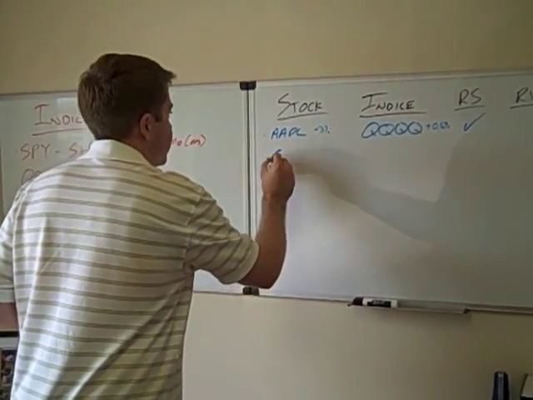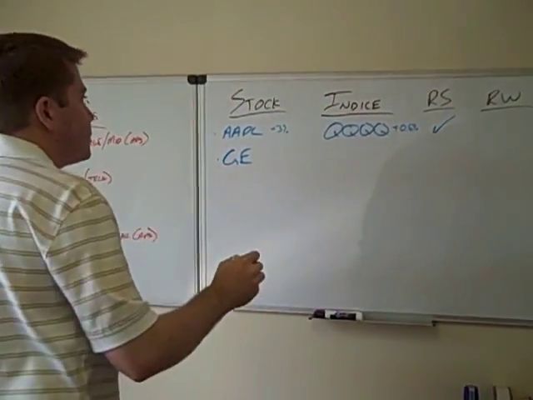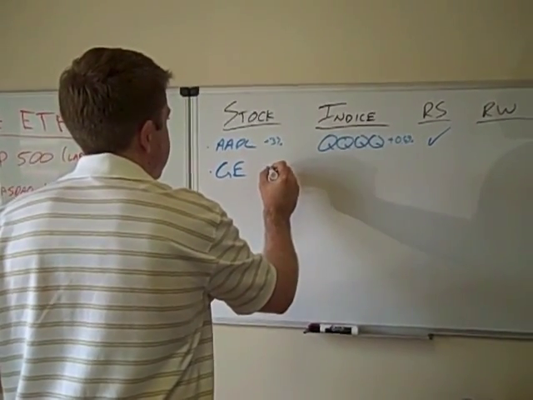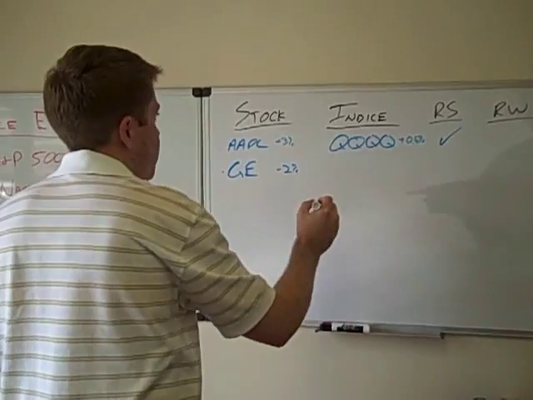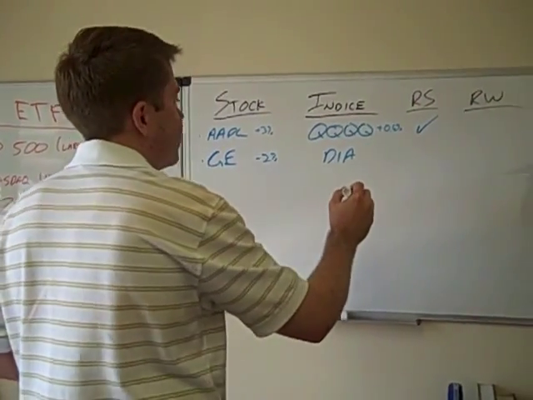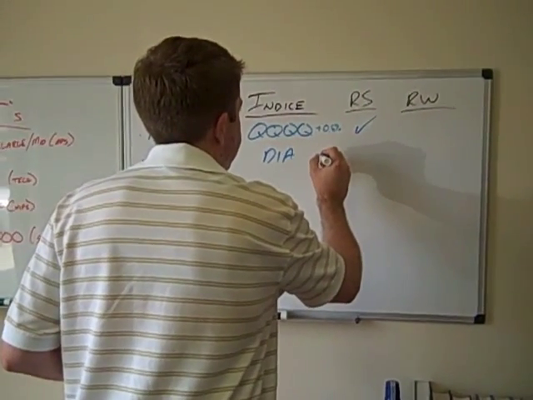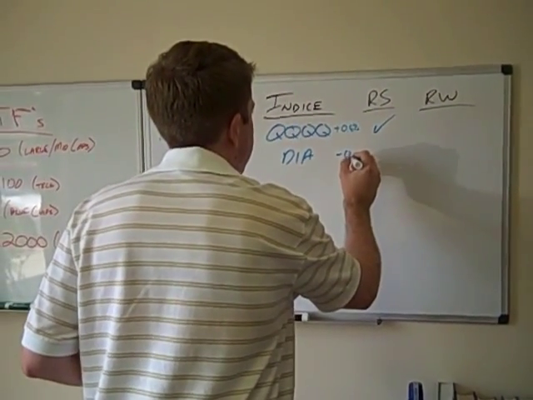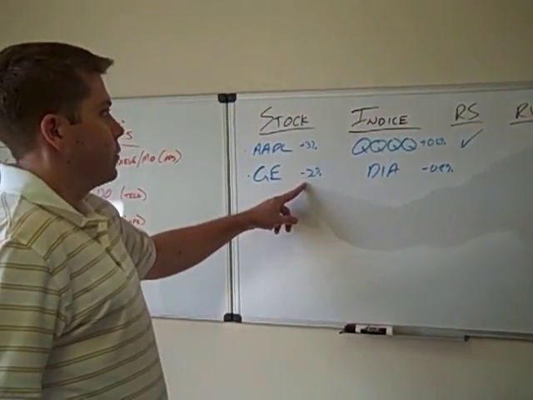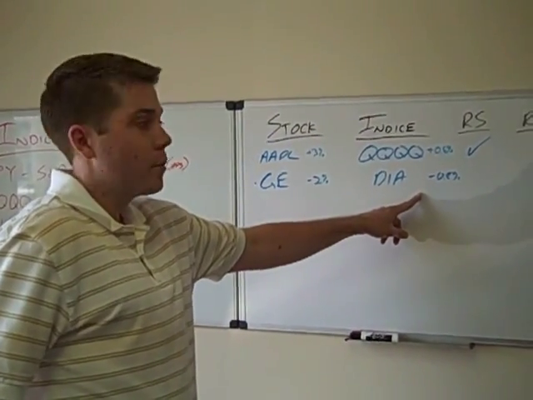And let's just say GE. Let's say GE is trading at minus 2%, and we're going to look at DIA in relation to GE. DIA is minus 0.8%. GE is down 2%, DIA is down 0.8%.